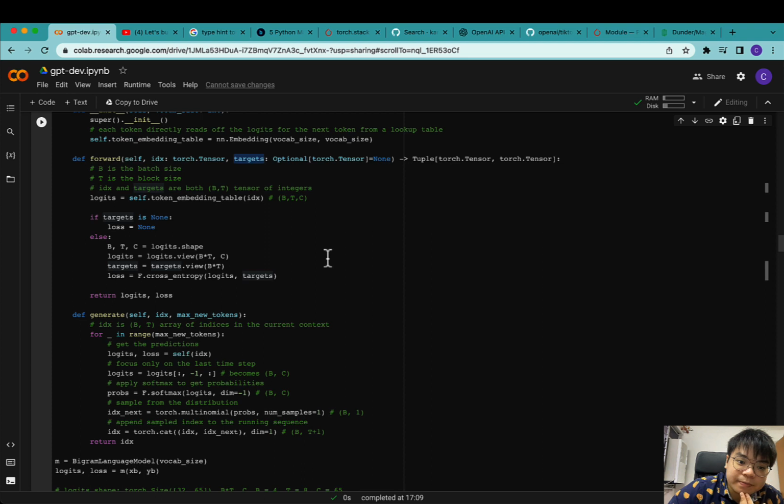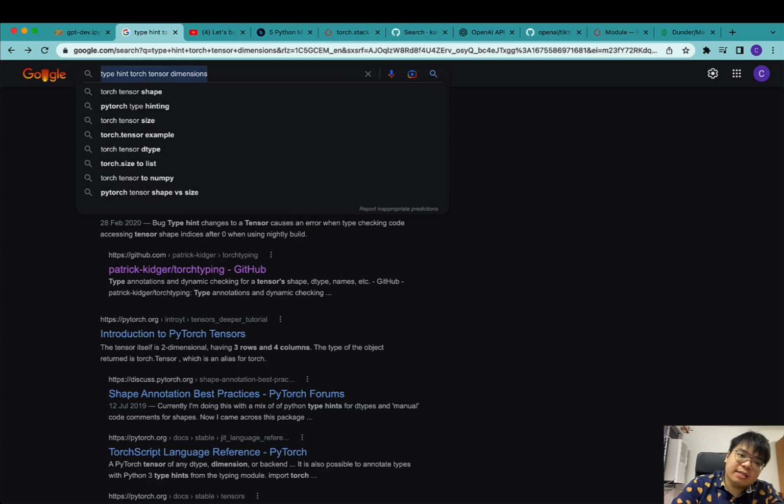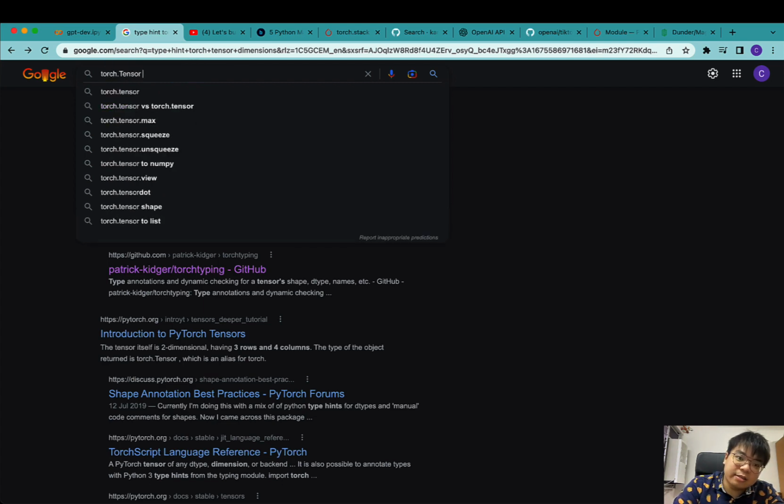So what exactly is the function signature of targets.view? And targets in this case is a torch tensor. So view is a method under torch tensor. So let's take a look at torch tensor view.